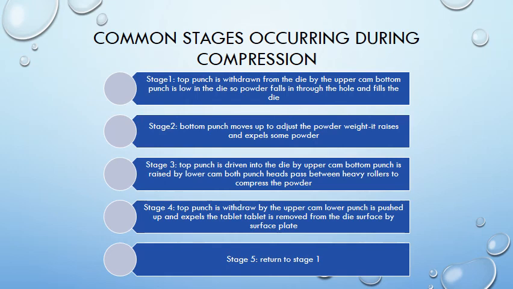So here the upper punch is being pushed up, and the lower punch is pushed up a little for the ejection of the tablet, so that it can be easily removed from the die cavity without any damage. Now the fifth step is return to the first step and get ready for punching the next set of tablets.